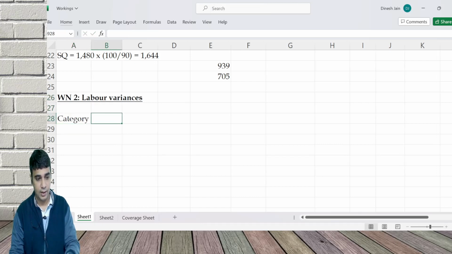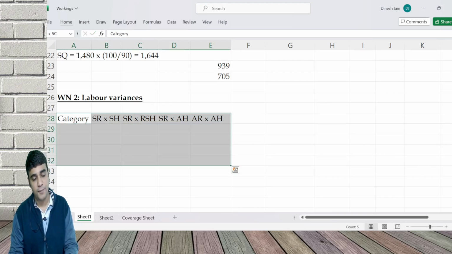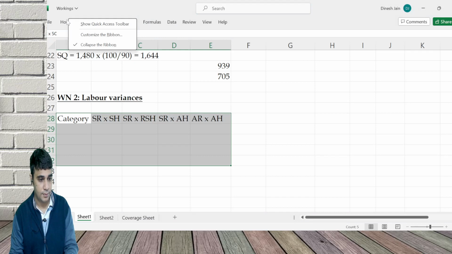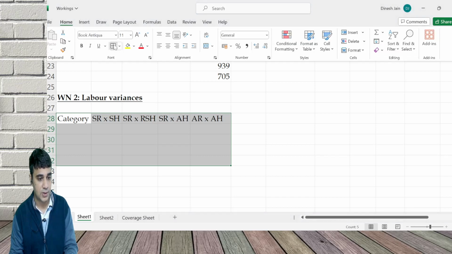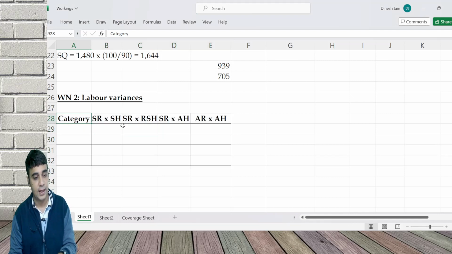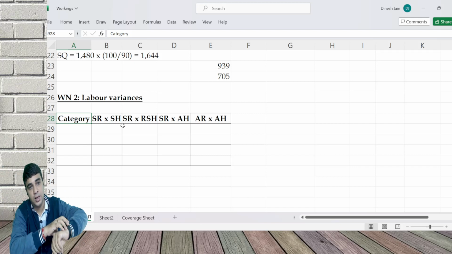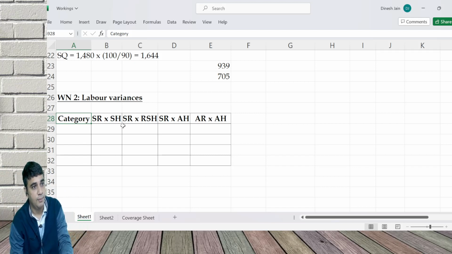Category: SR into SH, SR into RSH, SR into AH, AR into AH. I'll not be spending a lot of time on how the table comes, how the formula comes. You should pick that up. If you have a doubt, refer the chart. You can keep the theory notebook side by side and refer to the chart, and if you get a doubt on the formula, again refer the theory note. But I don't want to spend time on that now.